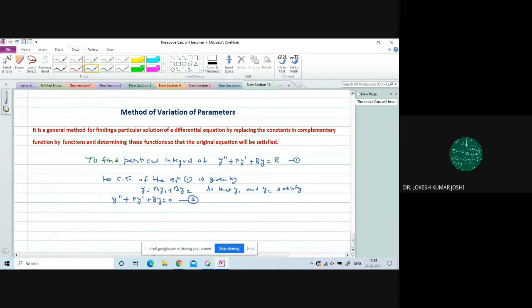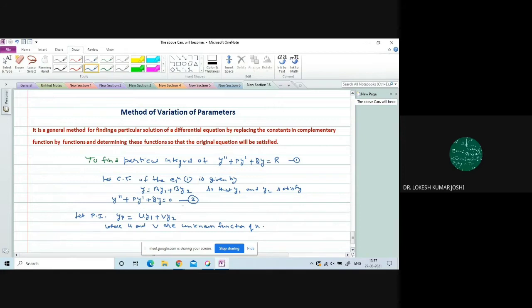So let us assume, let particular integral is given by yp and it is equals to u y1 plus v y2, where u and v are unknown functions of x.